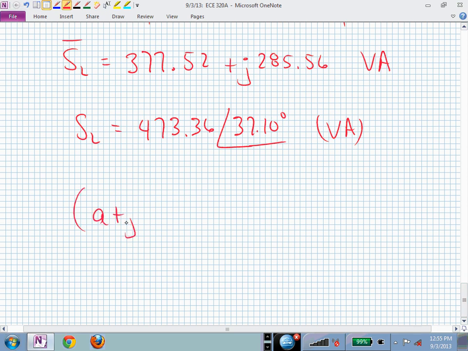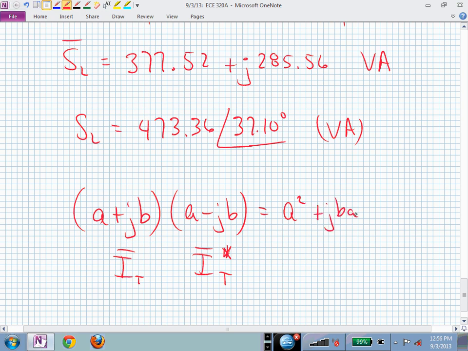If we had A plus JB, let's say that's I sub T bar, then we would multiply that by I sub T conjugate, which is A minus JB. Now we FOIL this: first, outer, inner, last. I didn't know that when I was growing up. We didn't use that, but that's apparently what you used, FOIL, to compute these. We have A times A, A squared, plus JBA. Then we have minus JBA or AB.